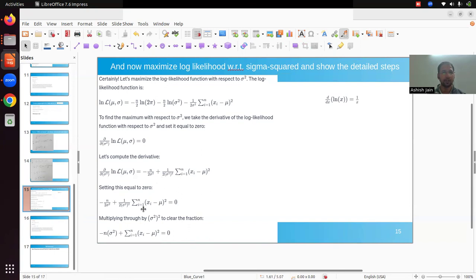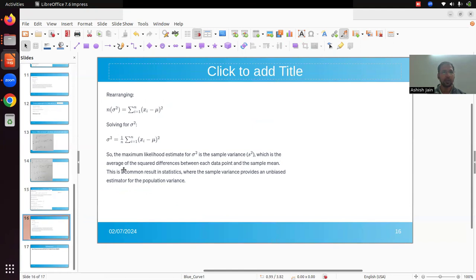And we'll set it equal to 0, rearranging the terms a little bit. We get our desired result: sigma squared equals 1 by n times the summation of the square of the difference xi minus mu.